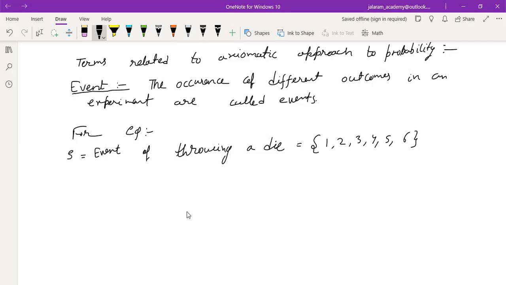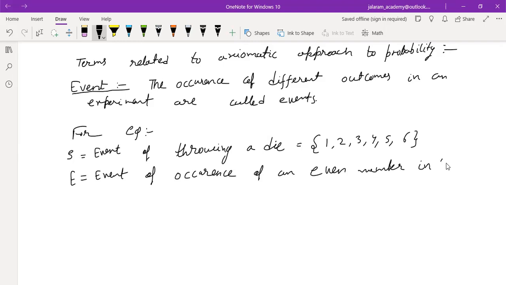Or we can say event of occurrence of an even number in throwing a die.